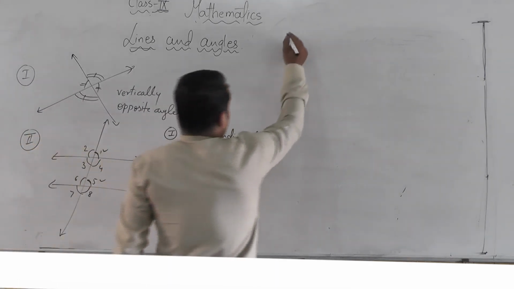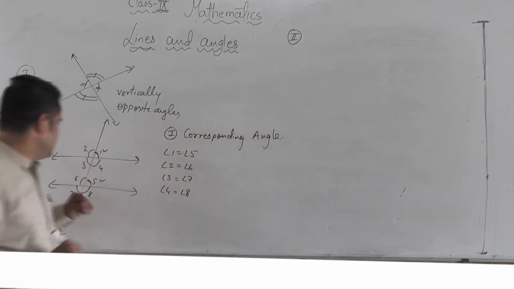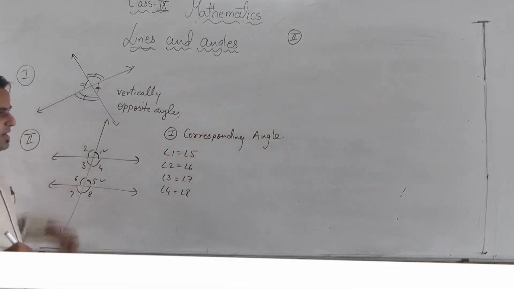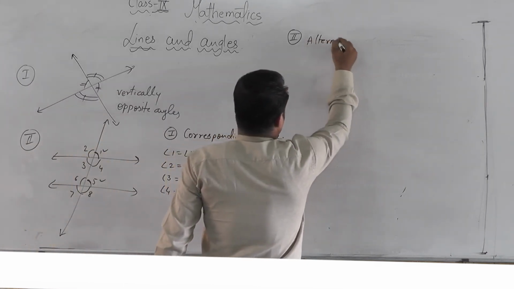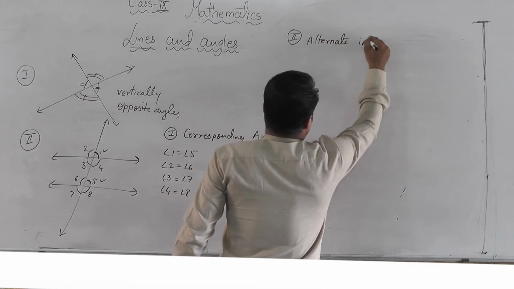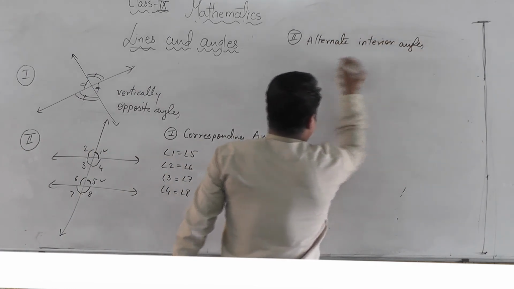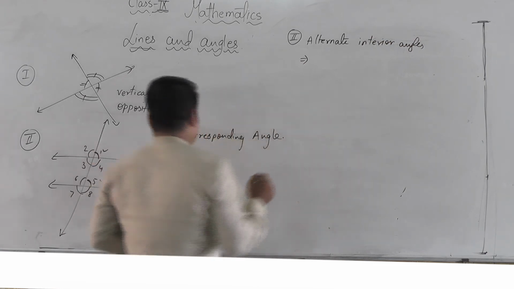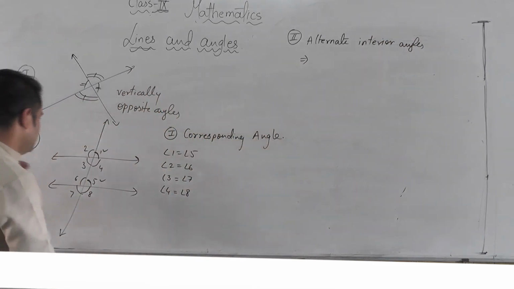Okay. The second angle is alternate interior angle. Alternate means leaving one to the next.